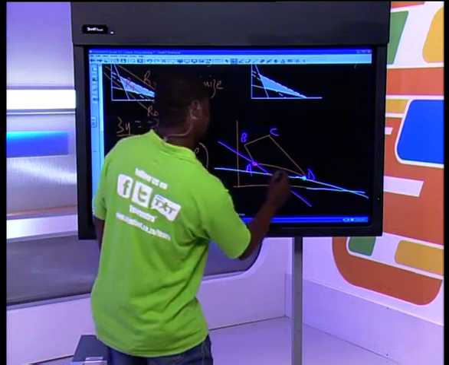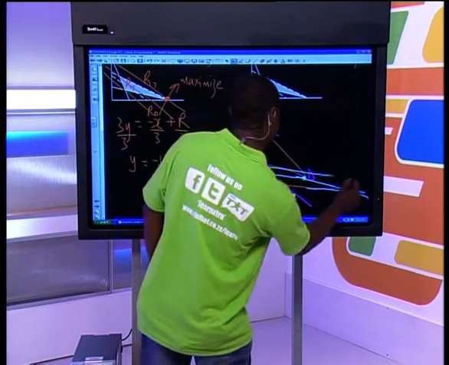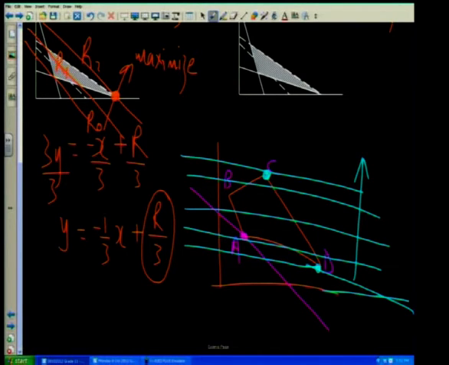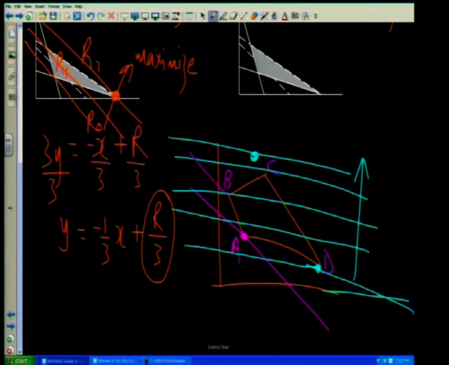Okay, if I show you the blue ones, then you draw all the parallel lines until you touch the last one. So that's the direction you'd be moving to optimize your objective function. And for the other color, these lines would be running across the feasible region until you touch C as the last point.